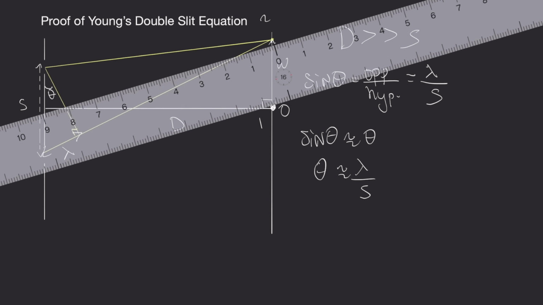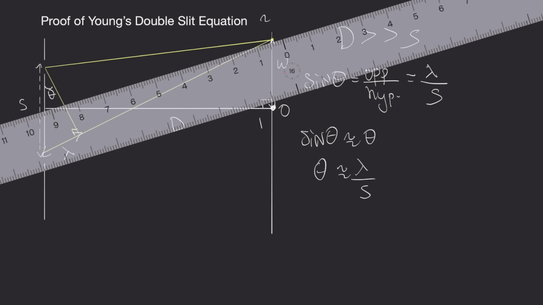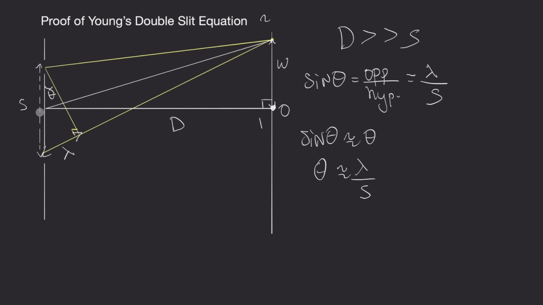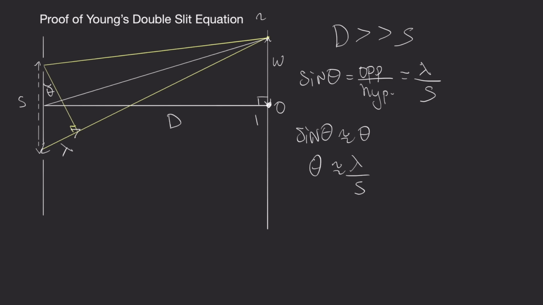So if I was to make this triangle like this, I mean this one right over here. Well, because of that similarity, this angle here is also theta.